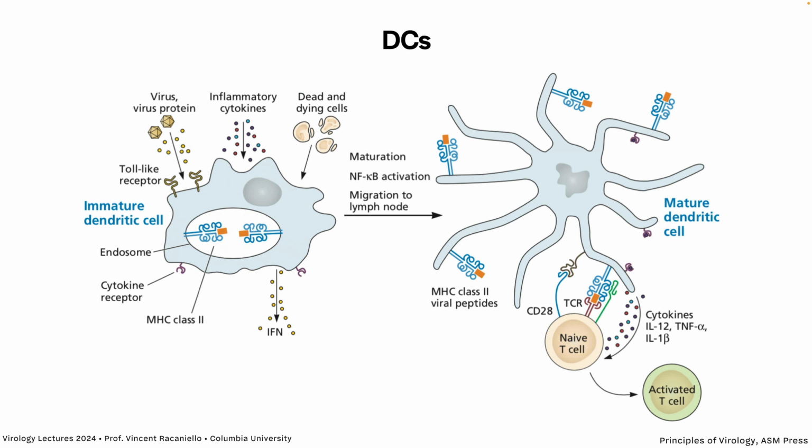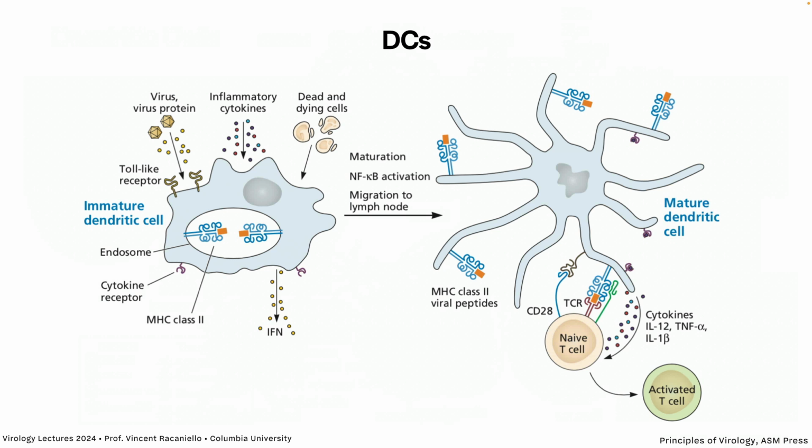And here's what happens in some detail. There on the left is an immature dendritic cell. Dendritic cells have everything. They have all the sensors of foreign products. They have toll-like receptors, cytosolic receptors. They've got it all. They also have MHC class 2, and they have receptors for cytokines.